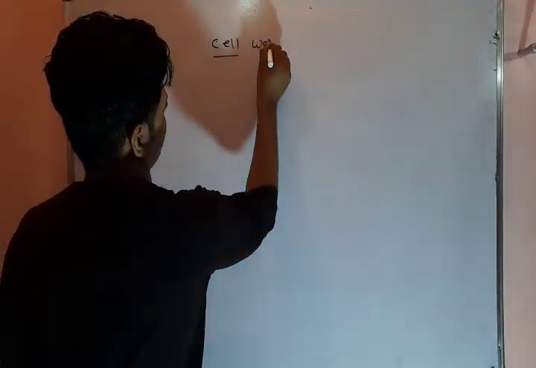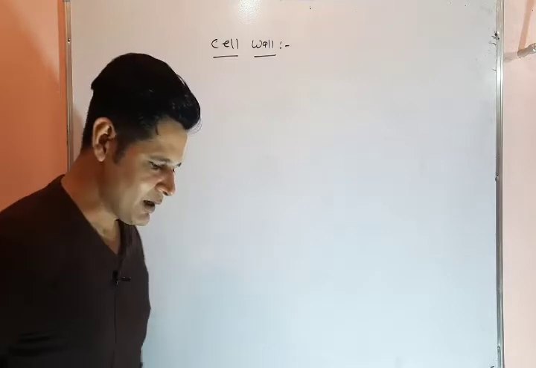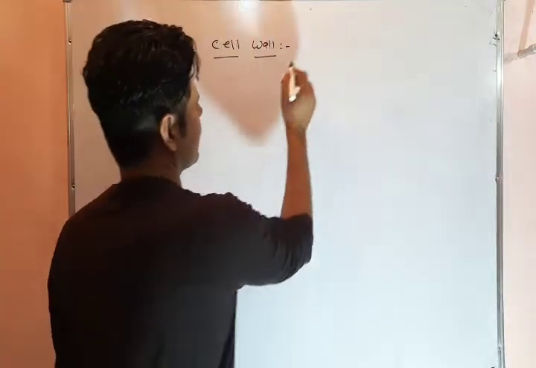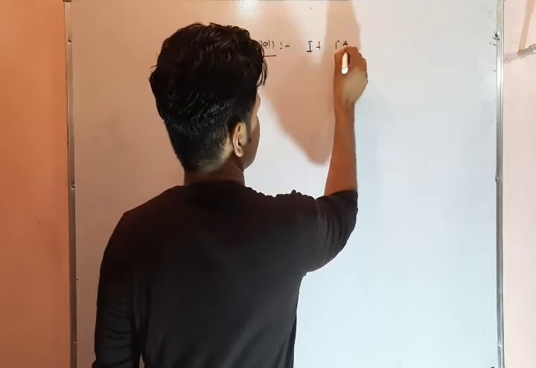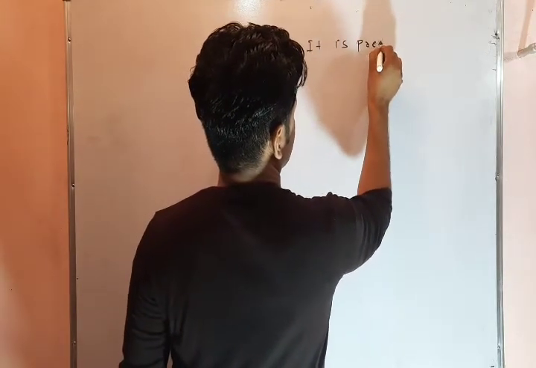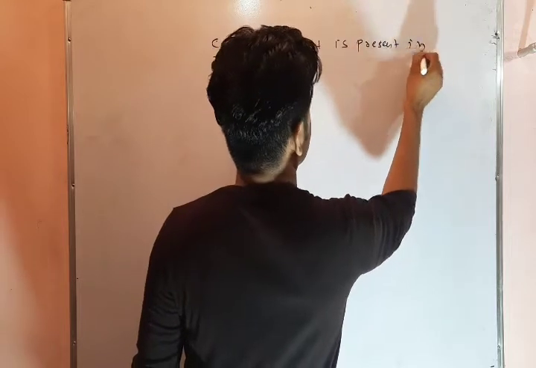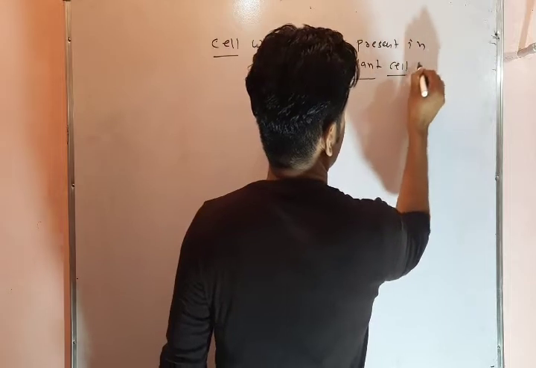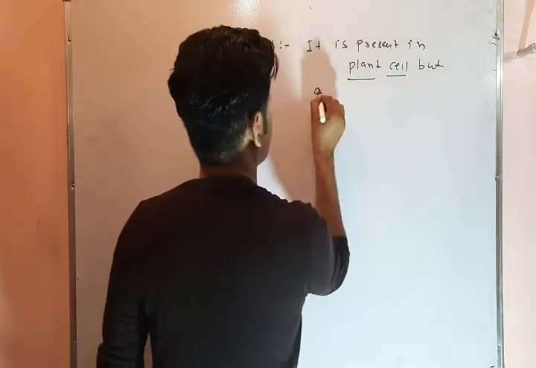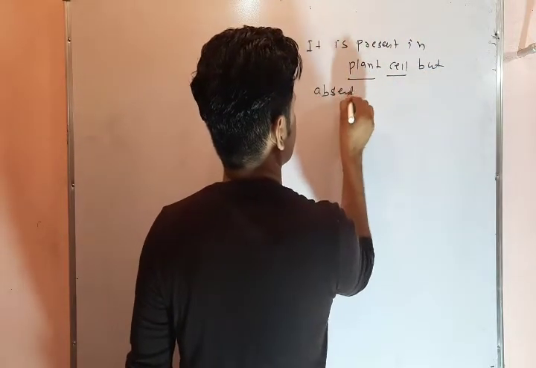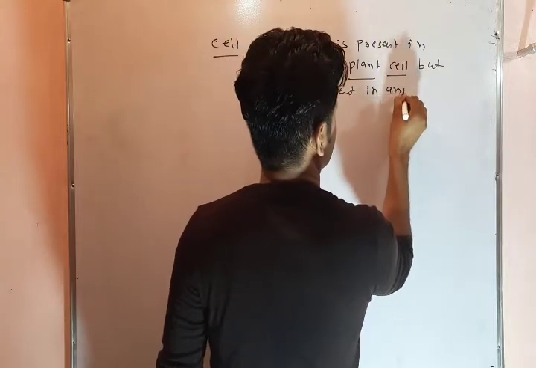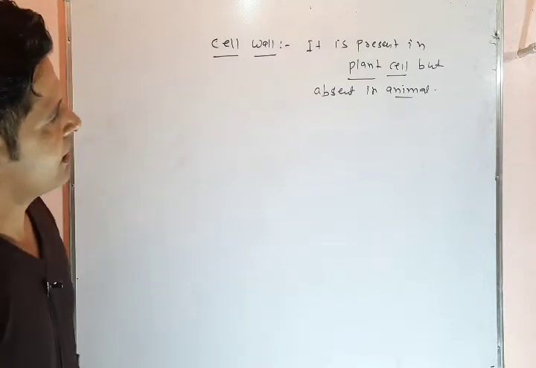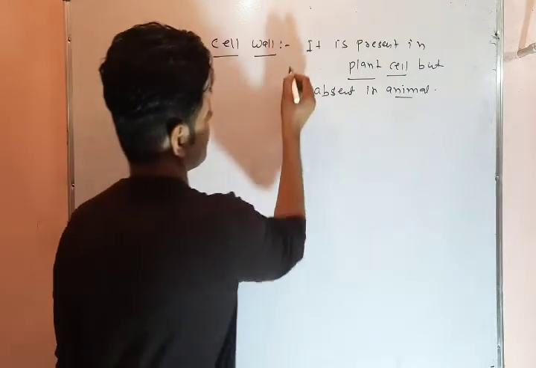Today we will discuss the cell wall. Cell wall is only present in plant cells. So we can say it is present in plant cells but absent in animal cells.